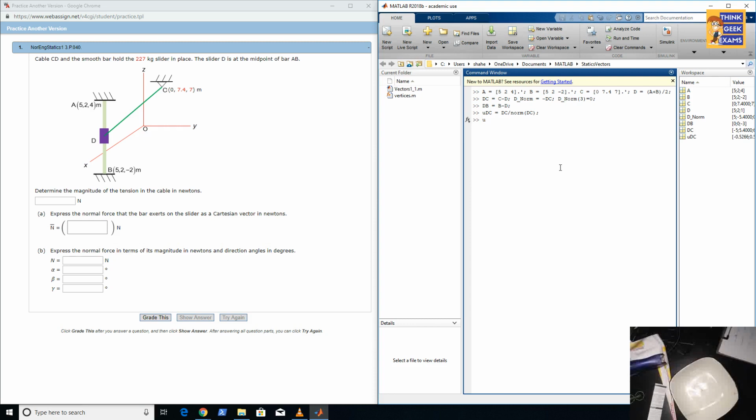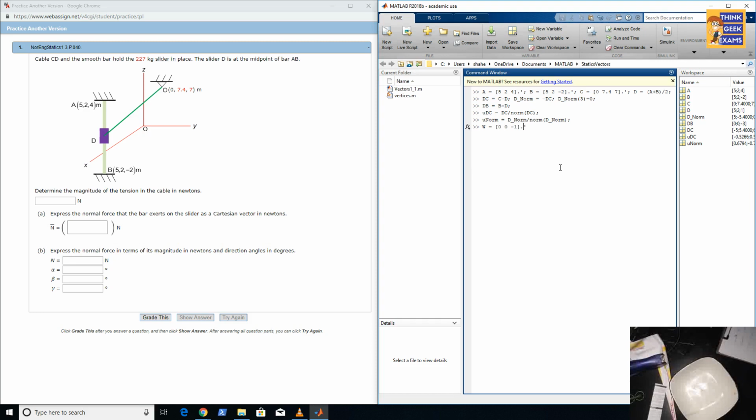And U norm equals D norm divided by norm of D norm, and that's correct. And the third one is weight. Now this one's going to be 0, 0, minus 1.